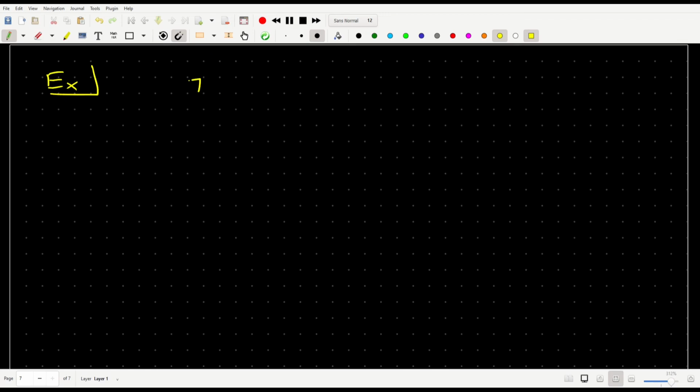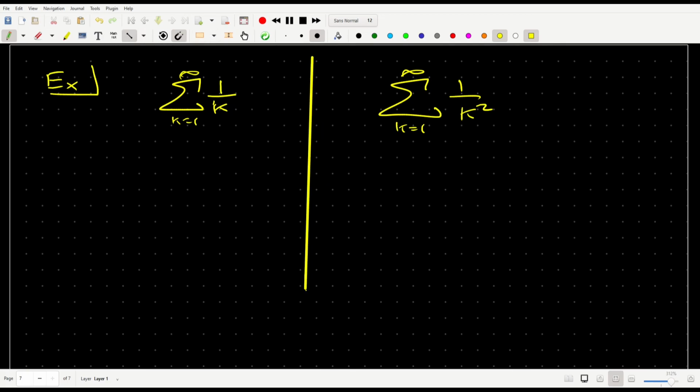In order to do this, I'm going to use two relatively simple series. I'm going to use the harmonic series, and I'm going to use the p series. And I'll do the ratio test on both of these, and see what the ratio test is telling us.